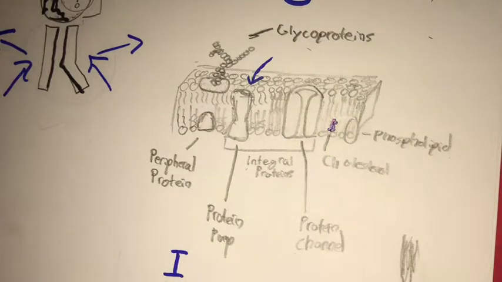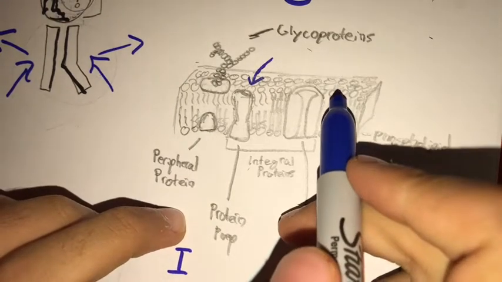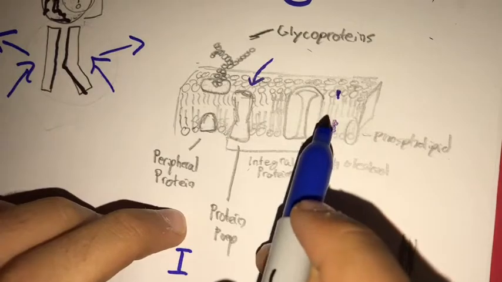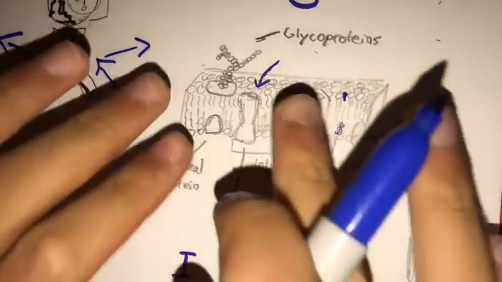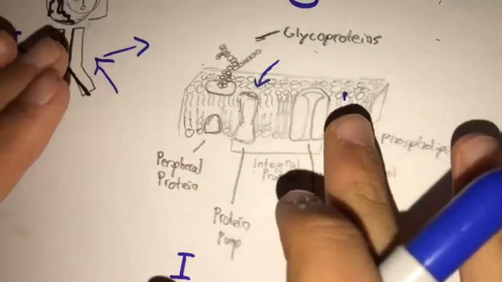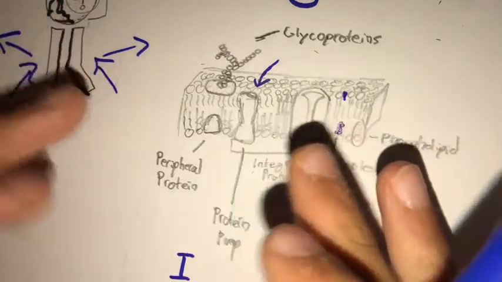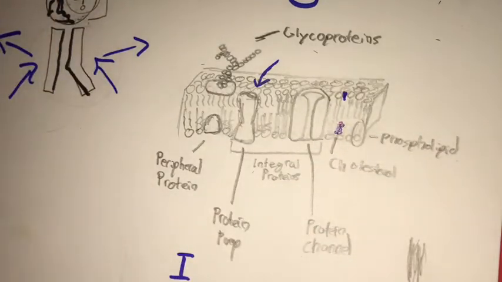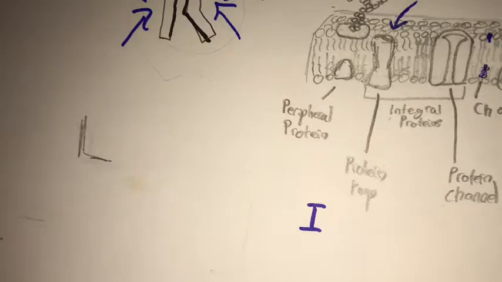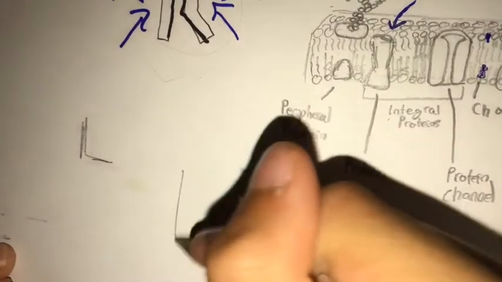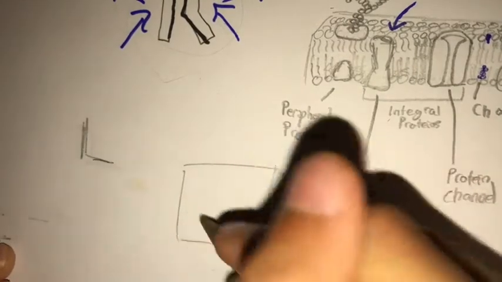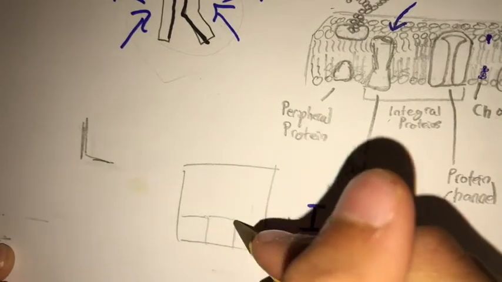So cholesterol doesn't only have to be on that side of the bilayer. It could be up here as well. So if we have a cholesterol up there or cholesterol down here, it helps maintain the solidity of the membrane. Another example we could look at could be, let's say you have a wall, right? And you have a bunch of bricks in the wall.